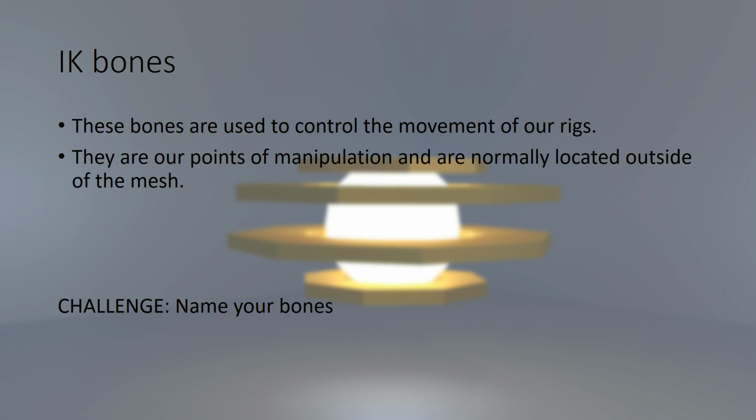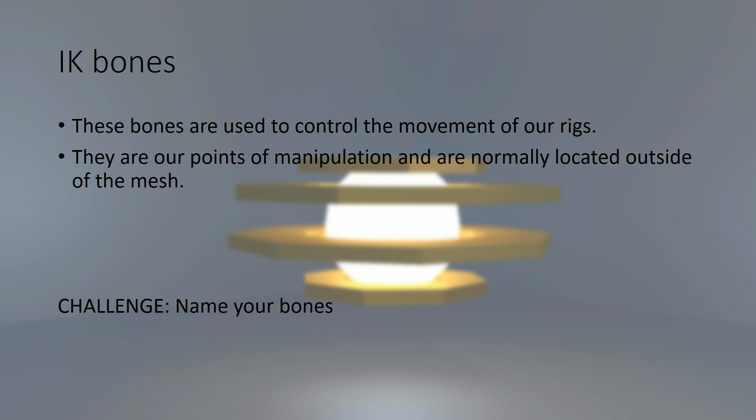In this lecture, we're going to be creating our IK bones. These are bones that are used to control the movement of our rigs. They are our points of manipulation and are normally located outside of the mesh.